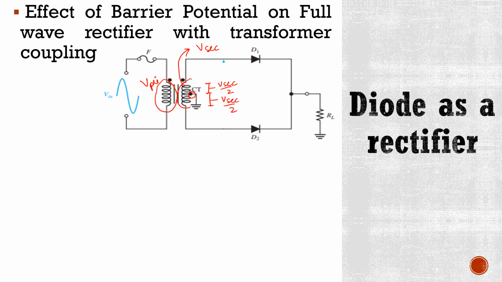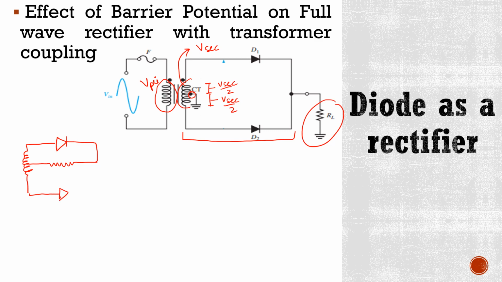Now we can draw this circuit like this. I am drawing just this part of the circuit. This is D1, this is the load resistor, here we have D2.